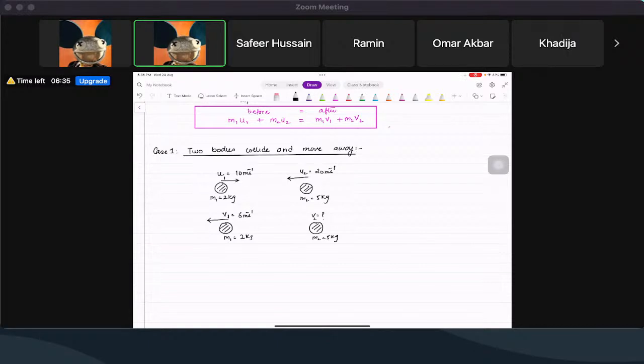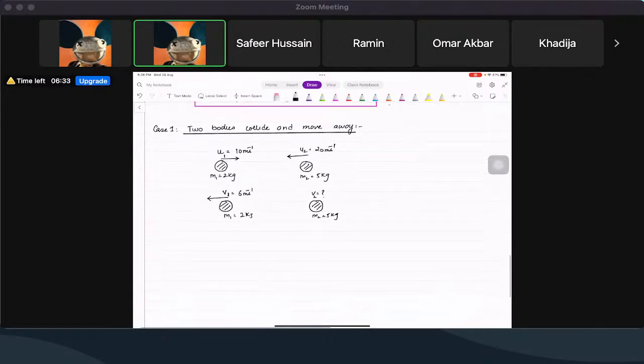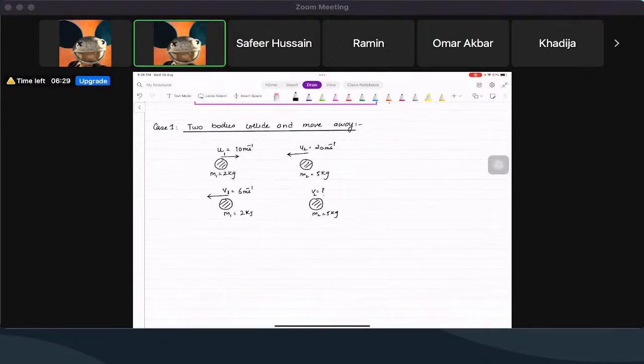So what you're going to do now is write the equation first, right? m1 u1 plus m2 u2 equals m1 v1 plus m2 v2. Then in step 2, assign the signs. What I mean by this is, suppose we take right side as positive, then all the vectors to the left must be negative. You can do otherwise as well. Is it clear, everybody?